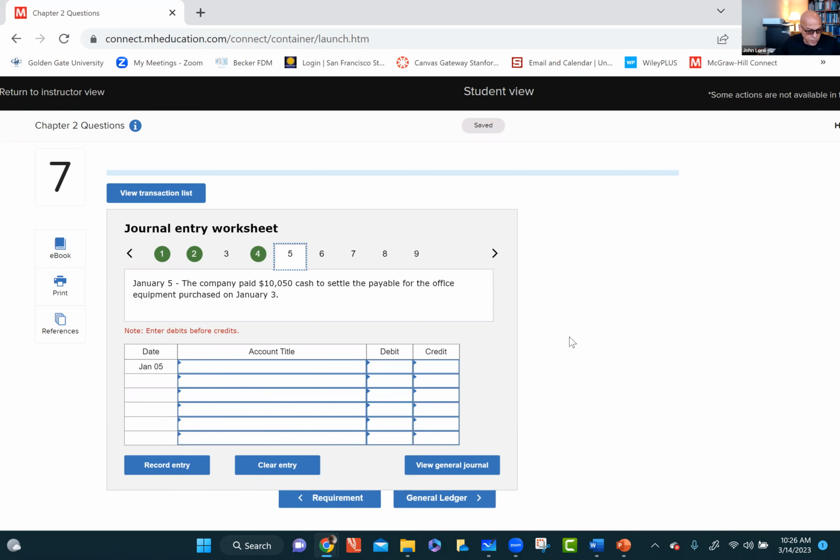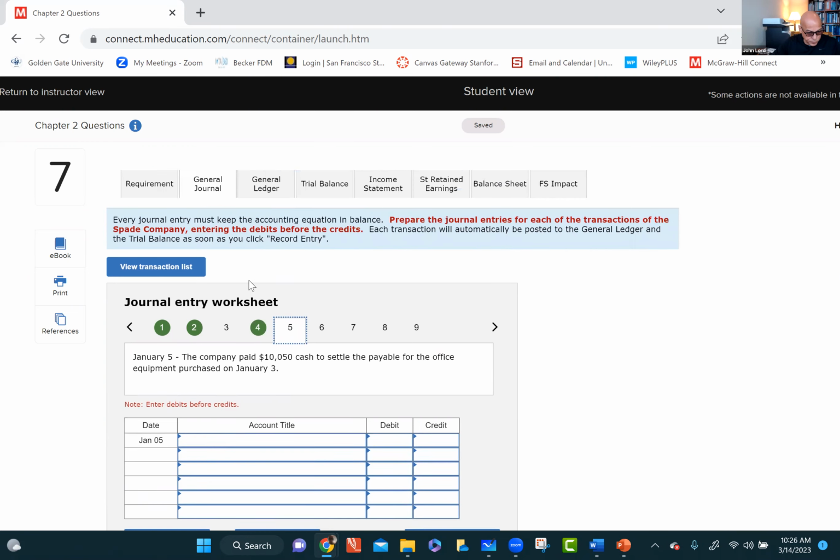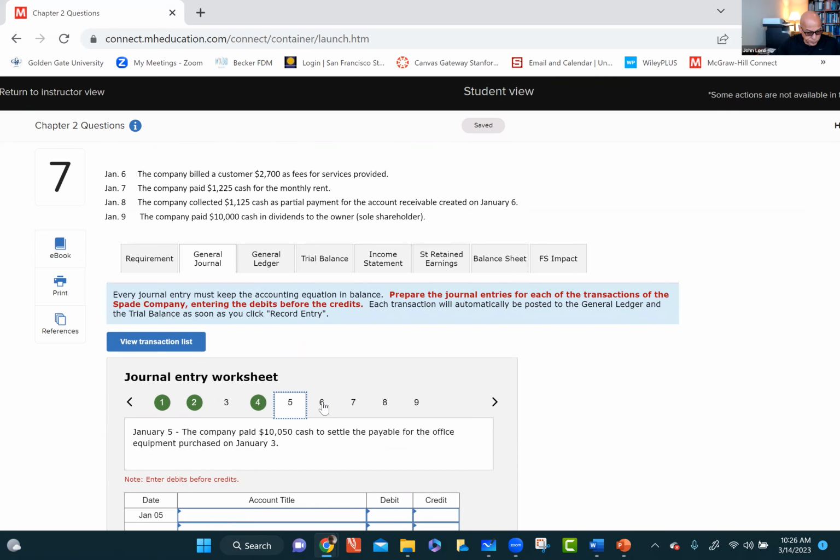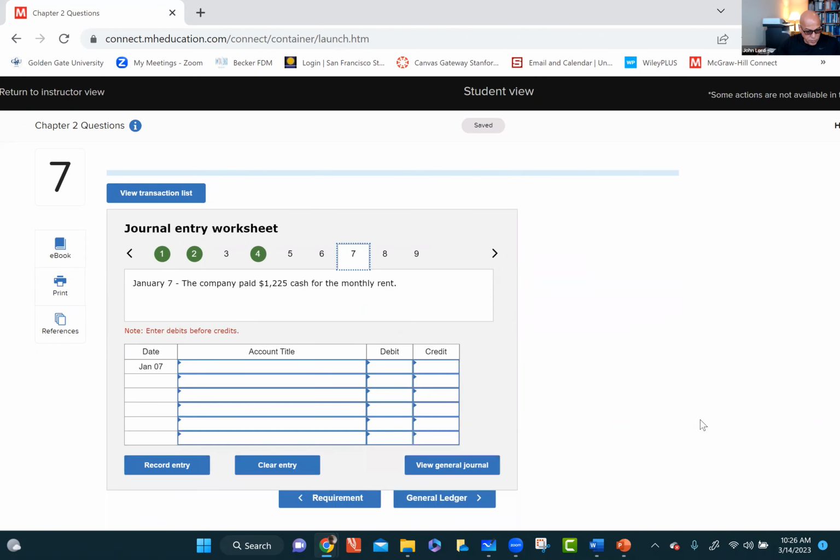Good. Okay, let's go back to the transaction list for a second. Okay, let's go to this transaction number 7, I guess. The company paid $1,225 cash for monthly rent. Okay, so if I pay cash, what should I credit?